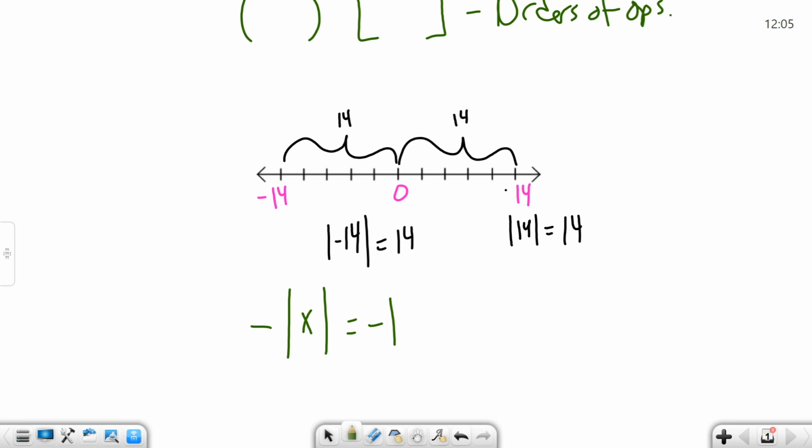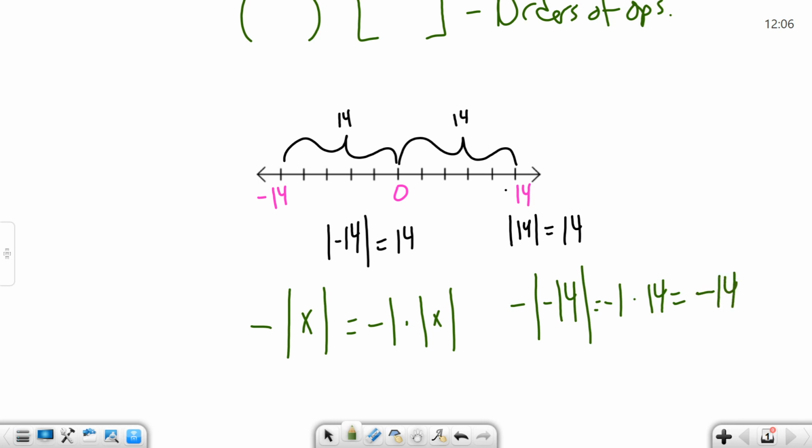So I want you to think of this as -1 times the absolute value of a number. So if this was negative absolute value of -14, this would be -1 times, we said the absolute value was 14, and a negative times a positive is a negative.